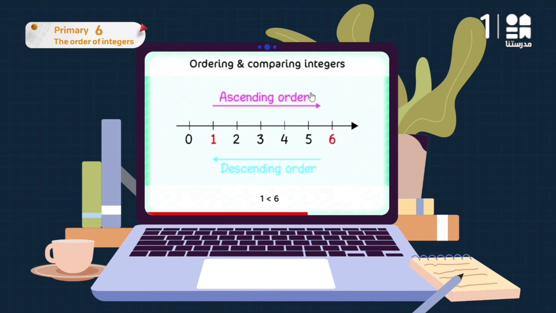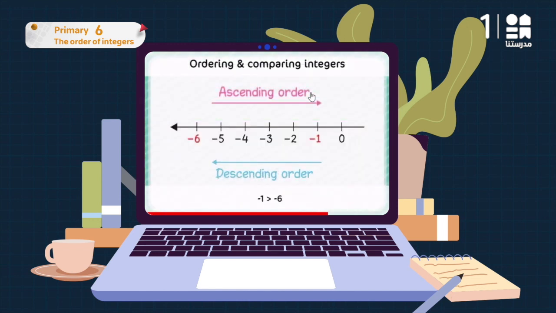Therefore, 1 is less than 6. However, in the negative numbers, when we go away from 0, the numbers are ordered descendingly, and the numbers increase when we get closer to 0. Therefore, negative 1 is greater than negative 6.